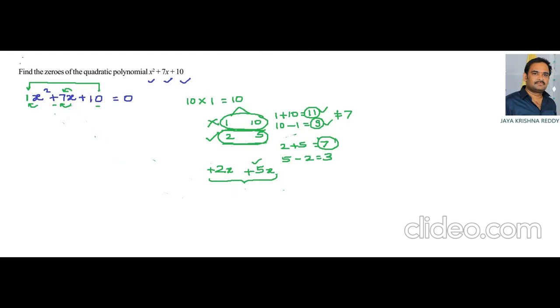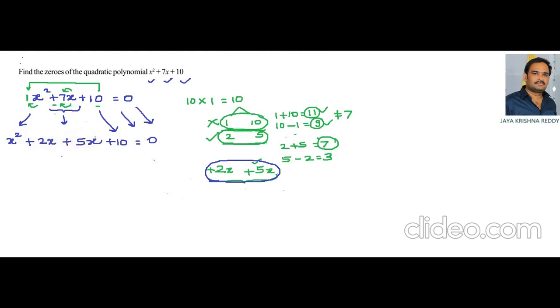Now write the first term x square as it is, and the constant term plus 10 also as it is, equals 0. All the terms we have to write as it is except the middle term plus 7x. In place of plus 7x, you have to write these two terms, that is plus 2x plus 5x.